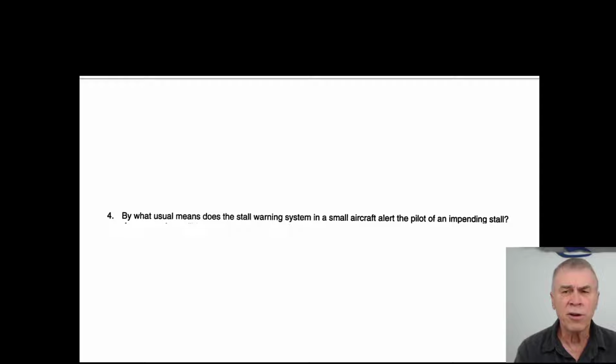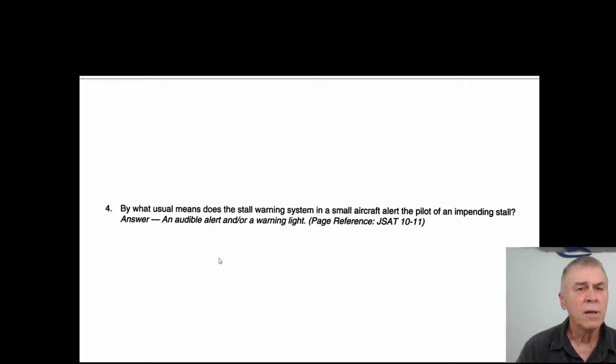Well, it could have that shaker stick, and most frequently you'll hear a horn, and you'll also get a light flashing. So I'd say those three answers should be enough. Two is plenty. The audible alert and or a warning light, which is what it is in most small aircraft. They're not going to have the shaker stick.